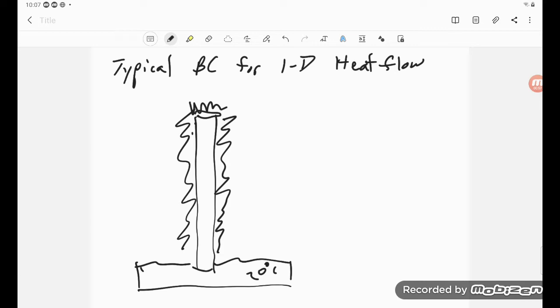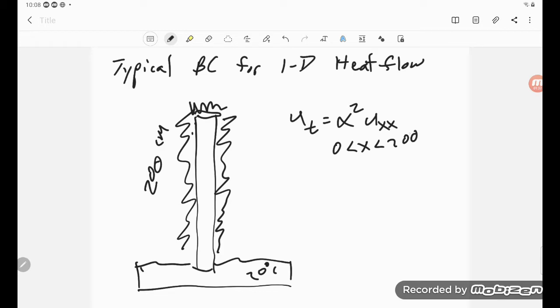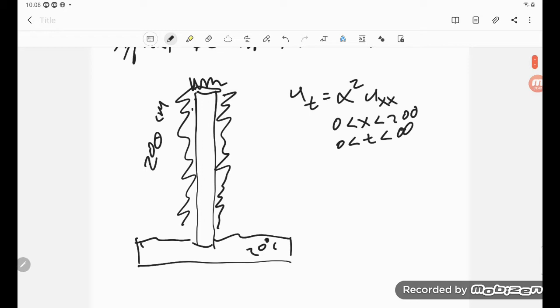If you look at something like that, then the PDE, the diffusion equation, is U sub XX, and they said this is 200 centimeters, so this would be for 0 less than X less than 200, and T would be between 0 and infinity. Okay, so that takes care of our differential diffusion model.